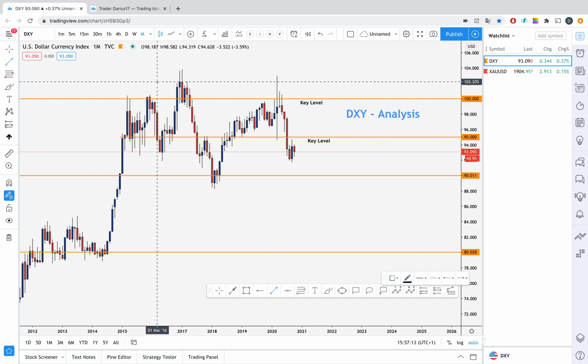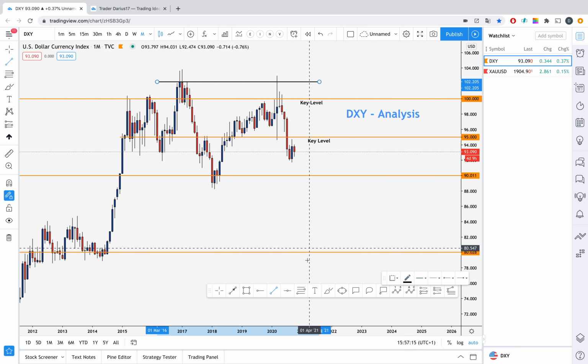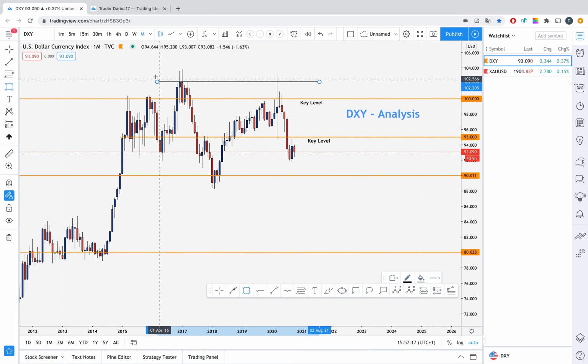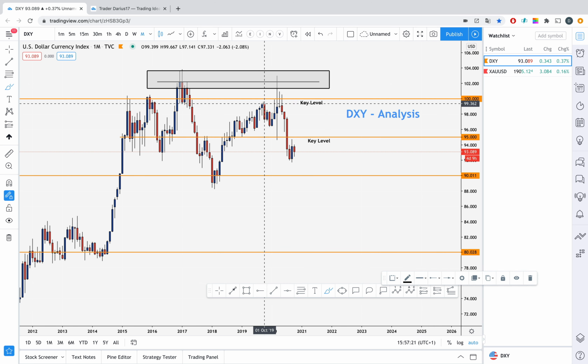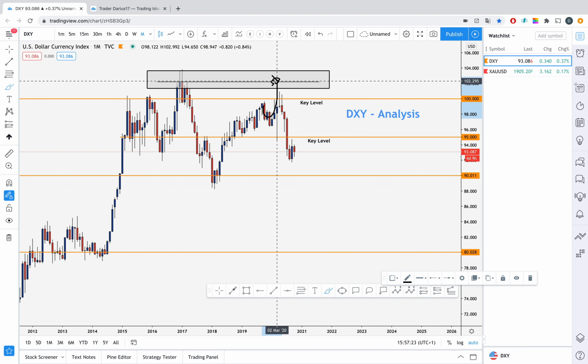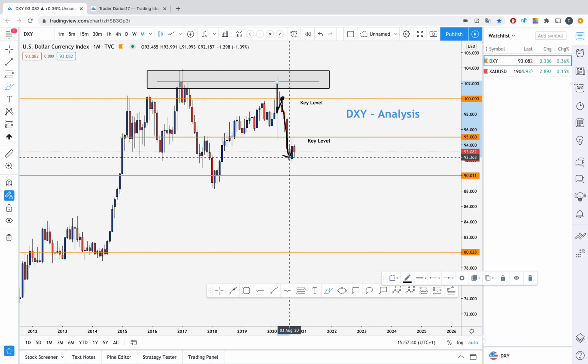The main reason was this resistance and this supply area. Because as you can see, the market came to the upside and we got a nice fake out. Then the liquidity was filled, the price came back to the downside, retested this important key level, and then hedge funds added massive short trades, and boom, the whole DXY crashed to the downside.